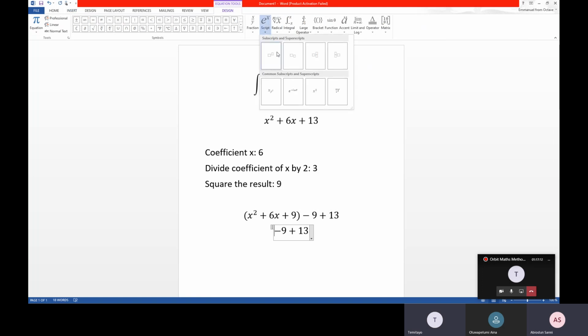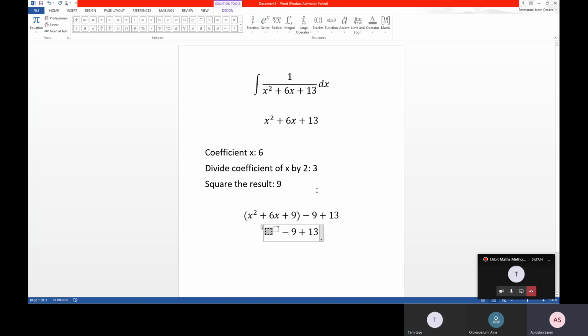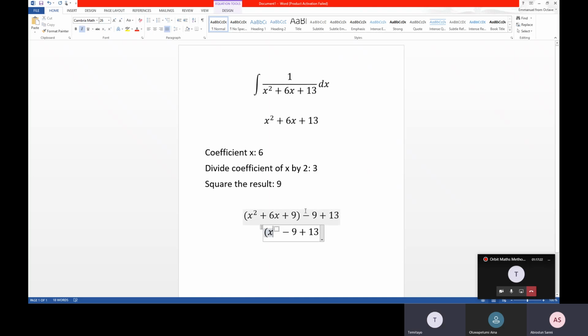So it's going to become (x plus 3) squared. Obviously, if you open this bracket, you're going to get the same thing as here. So what is minus 9 plus 13? It is 4. So plus 4. Now, if you have this scenario, you have been able to write the denominator as this guy.